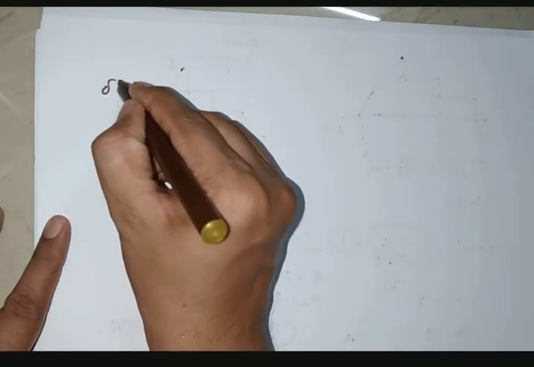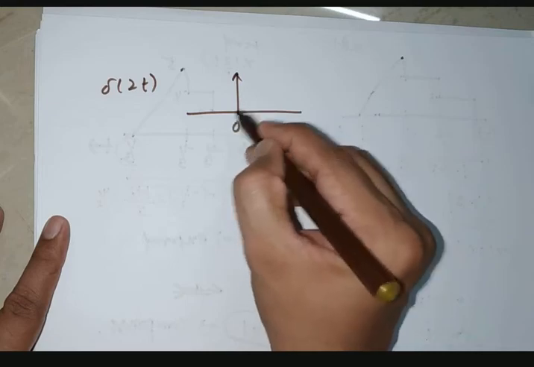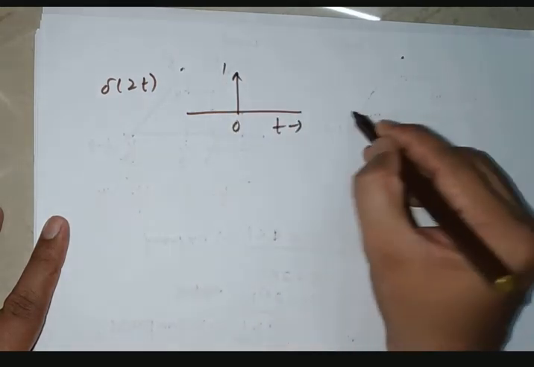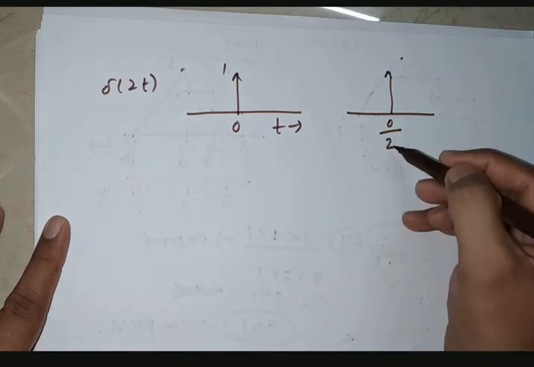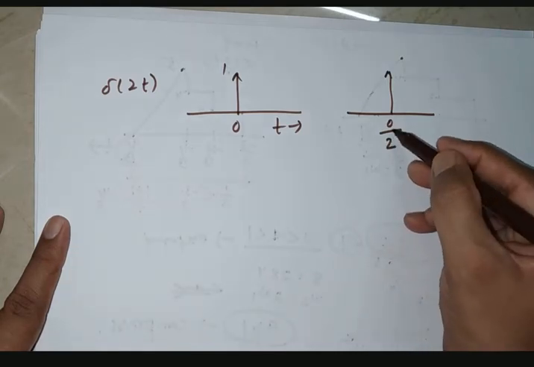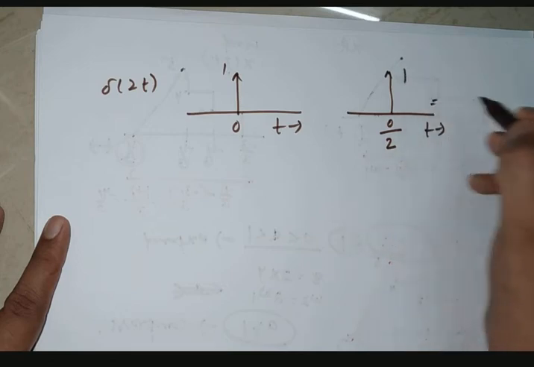Similarly, you can also take the problem of finding del of 2t. Easy. This is del of t. Del of 2t means divide the time parameter by the scaling parameter. Here the scaling parameter is 2 and the time is 0. What will we get? The same signal.